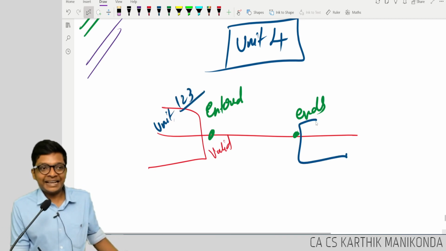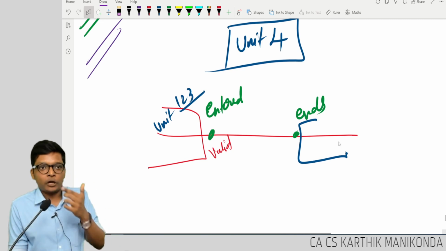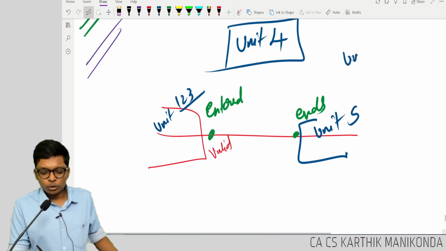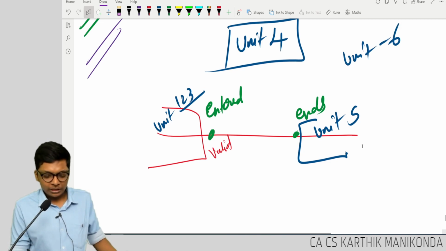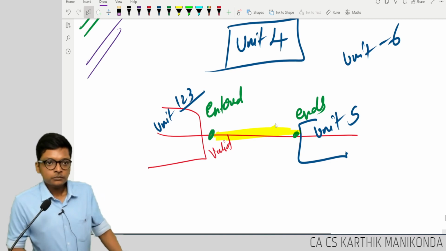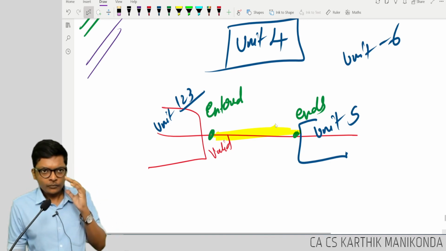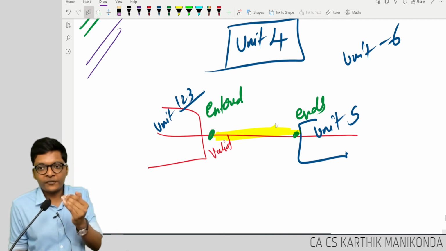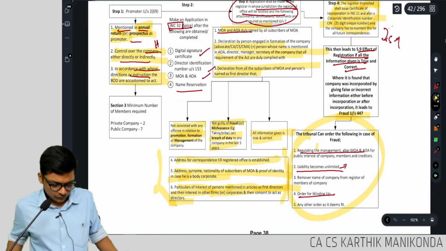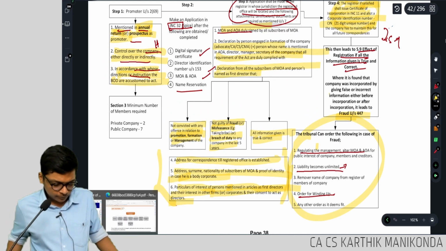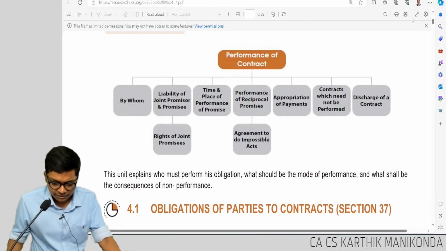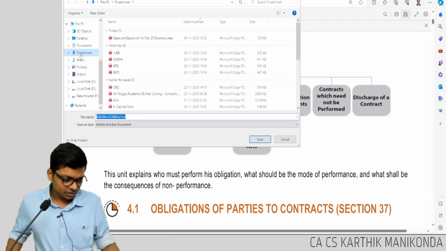Once the contract ends, if it doesn't end properly and there are damages, then you have unit 5. Unit 6 is a separate special contract. From the start to the end of a contract, how a contract should be performed is what unit 4, performance of contract, talks about.